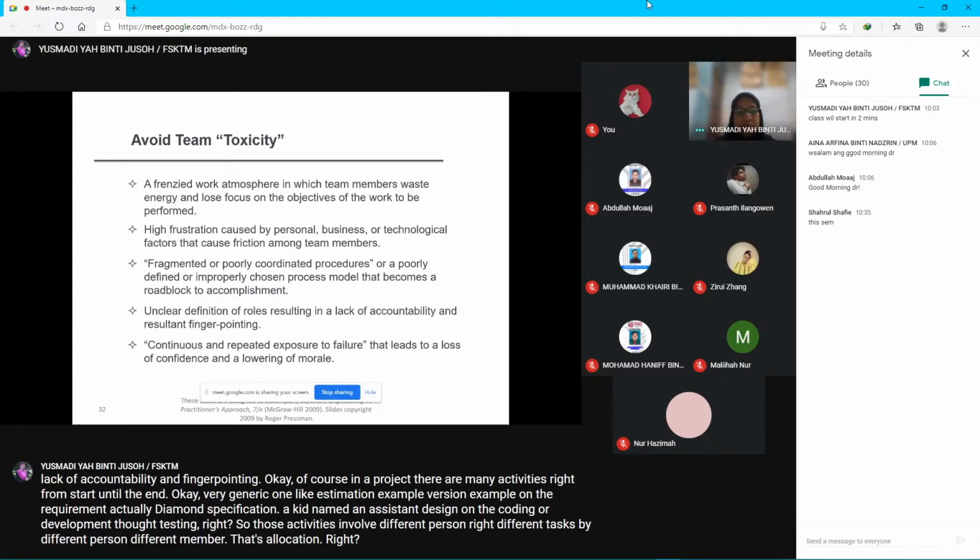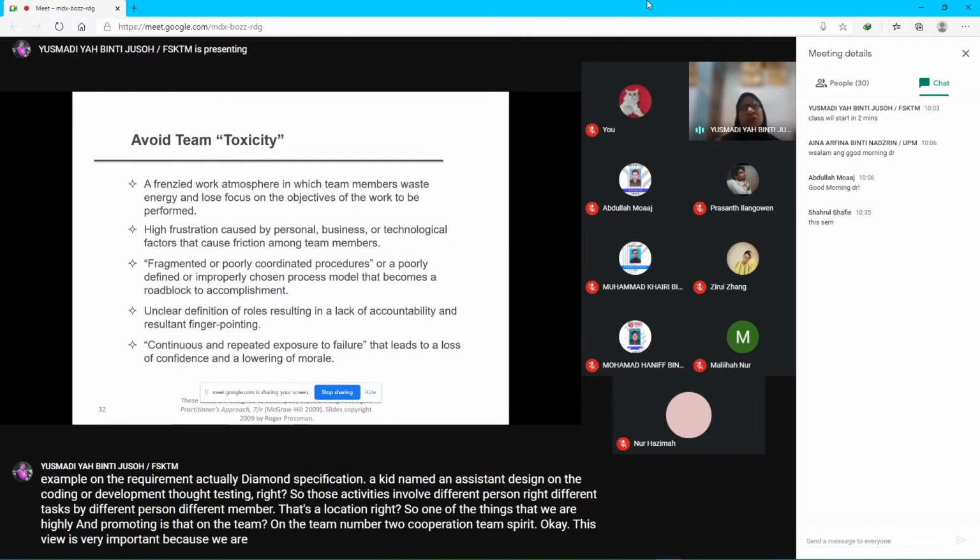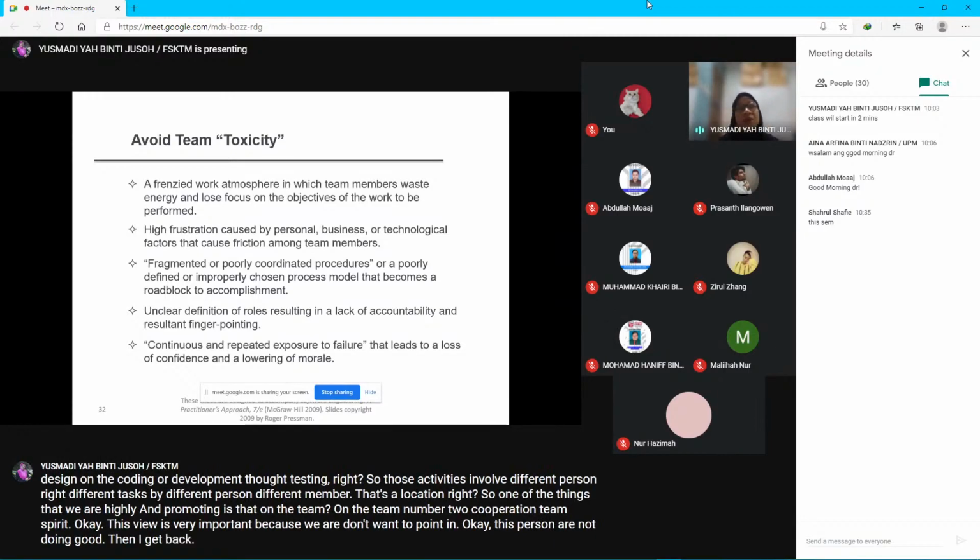So one of the things that we highly promote is team cooperation and team spirit. Team spirit is very important because we don't want to be pointing at a person saying they are not doing well, so I get a bad requirement specification when I do the design.